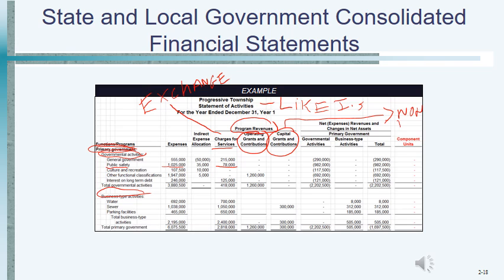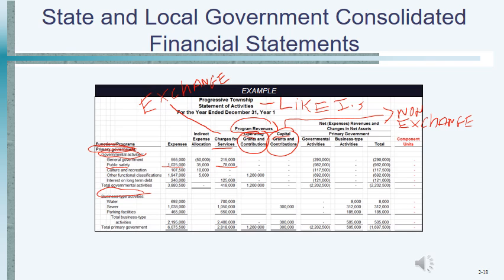In this case, the government is earning a revenue, but it's not expected that it's going to give a service right back in exchange, unlike when you pay for the police protection for the parade and you then get that permit. Here, we're going to have money coming into the government, but it is not expected that it'll get a service immediately back. Notice we have both operating grants and capital grants.